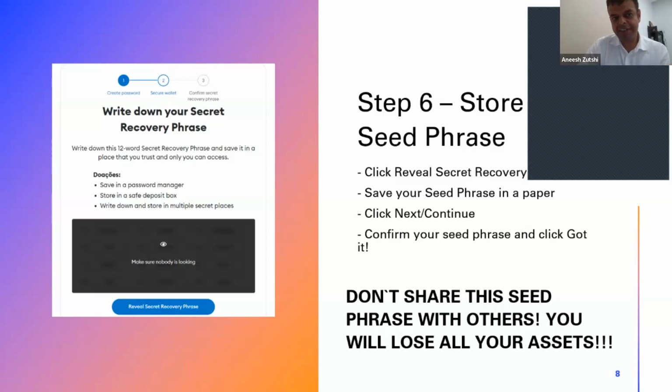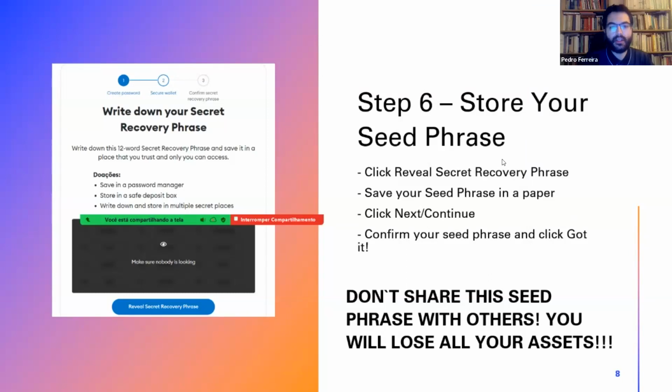Just to remind you, this is the same as the seed phrase I explained during the Bitcoin class: you have these 12 or 24 words, and with that, all the wallet addresses and public and private keys can be generated by your wallet.